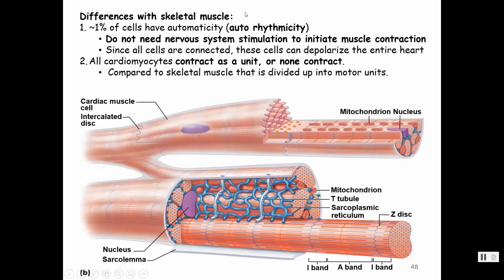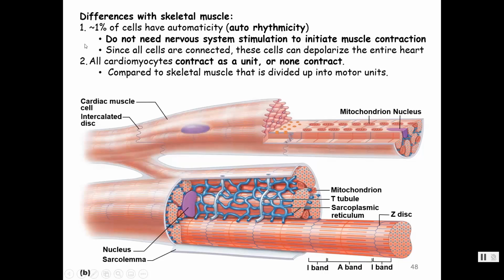So we're going to look at some differences between cardiac muscle and compare it back to skeletal muscle, because you probably spent a lot of time on skeletal muscle. So number 1, the cardiomyocytes have what's called automaticity or autorhythmicity. They do not need nervous system stimulation to initiate muscle contraction.